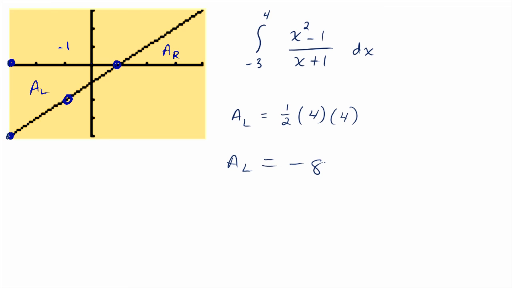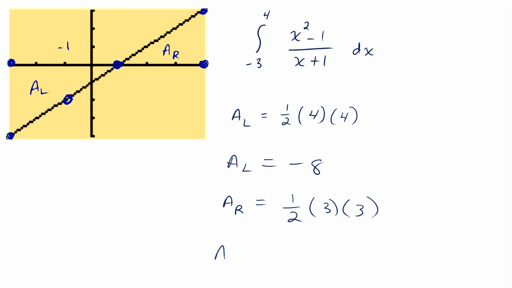What about the area of the rightmost triangle? That would equal 1/2 times its base, which again we're going to use the distance from x equals 1 to x equals 4 up to its corresponding y value. That is a distance of 3 units, and this triangle has a base of 3 units.